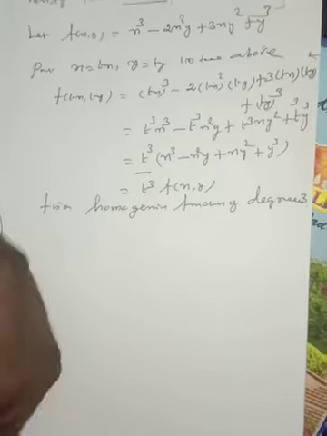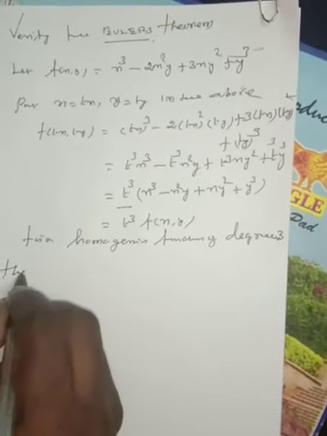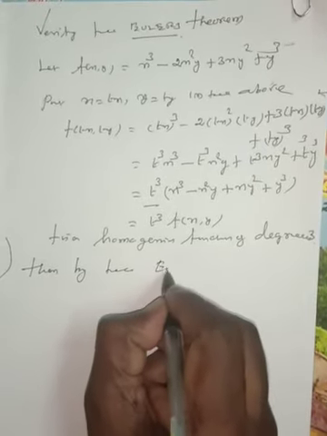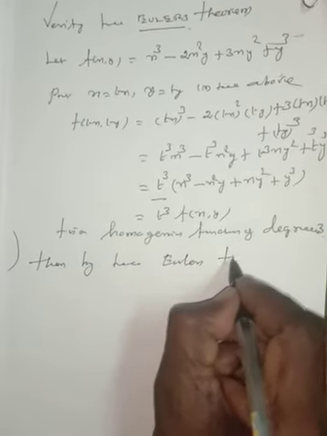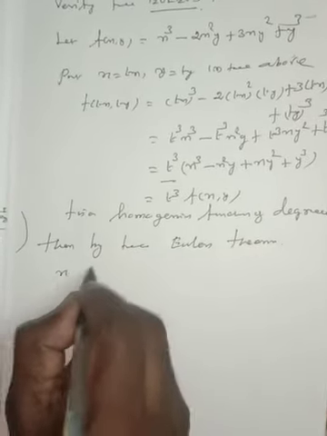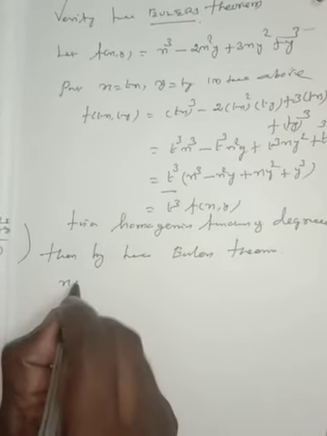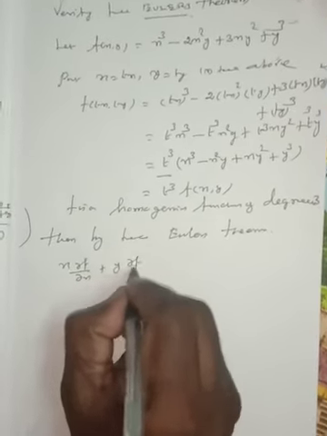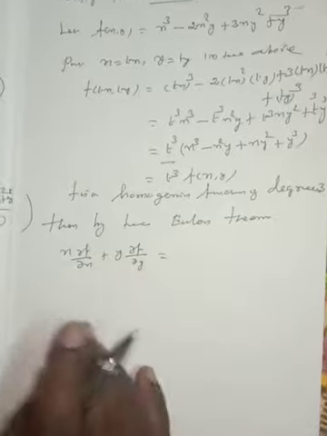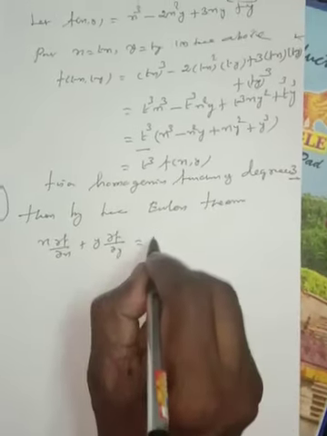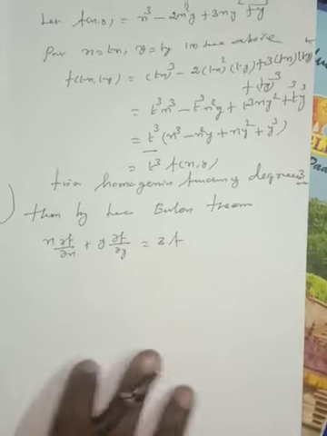Then by Euler's theorem, x dou f by dou x plus y dou f by dou y is equal to nf. In this case n is 3, so 3f.